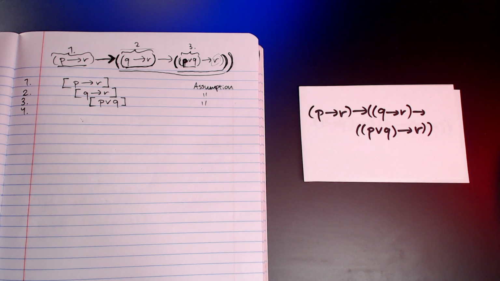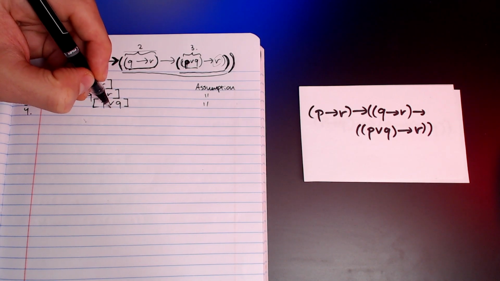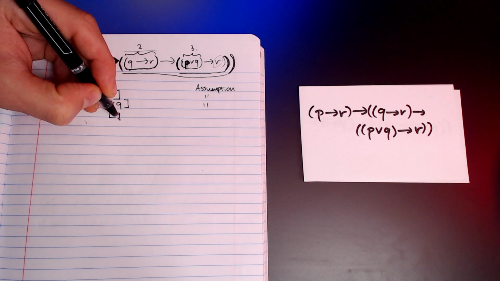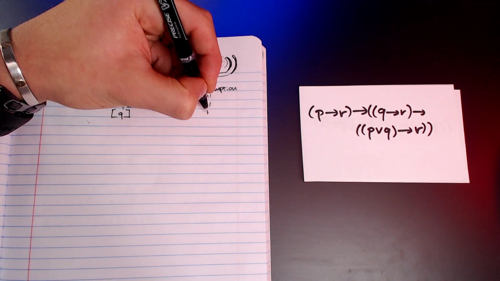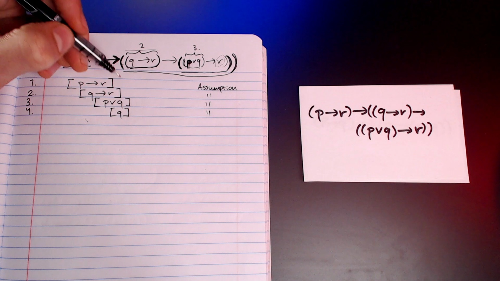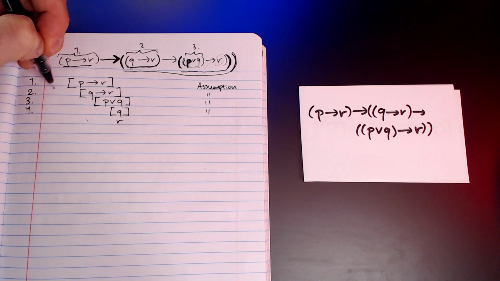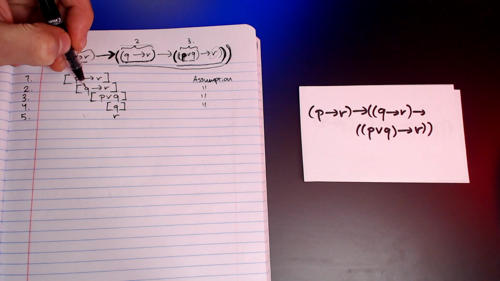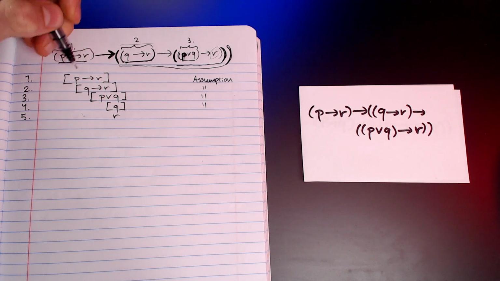Okay, so how can we do that? Let's assume, first off, that Q is true. And so Q would give us R according to line 2. Right? Because if Q is true, R is true according to this assumption.